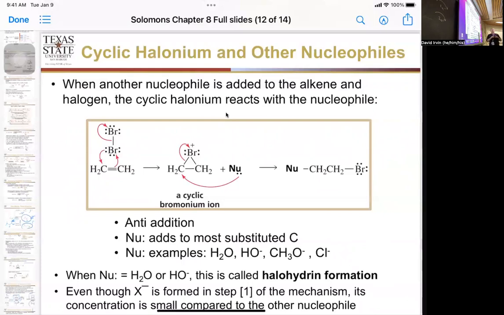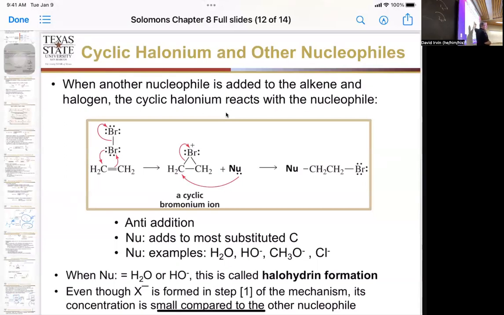So if we form that bromonium cation or that chloronium cation, we now have an opportunity to be attacked by any nucleophile. If you're using water as the solvent, there's so much more water than bromide ion that it's going to react. And we have what we call the halohydrin reaction.